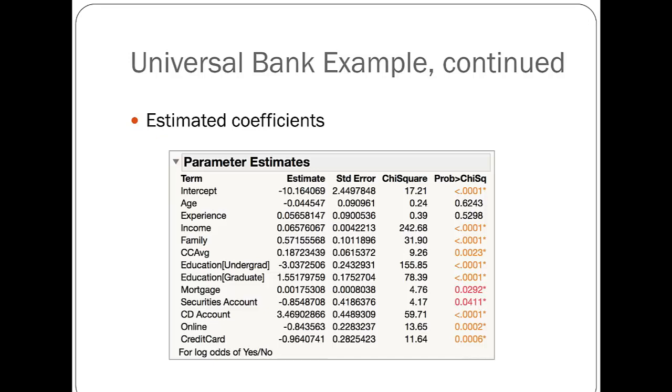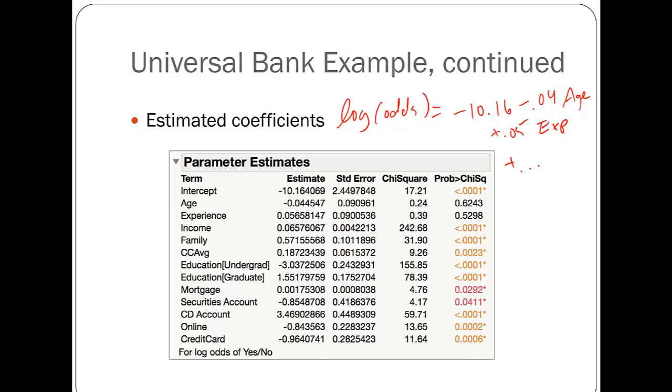And so what we're looking at here is the set of estimates for the logistic regression. In other words, we would say the log of the odds is equal to negative 10.16 minus 0.04 age plus 0.05 experience, and so forth.